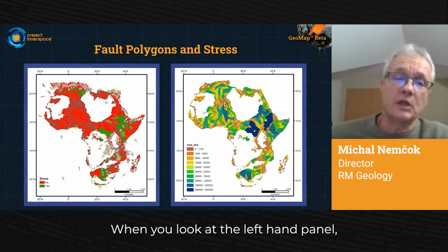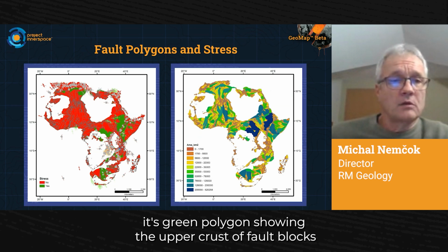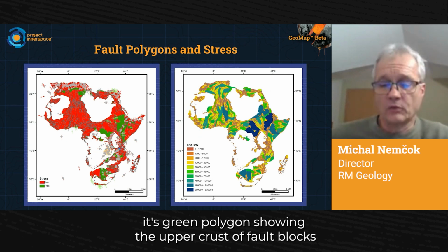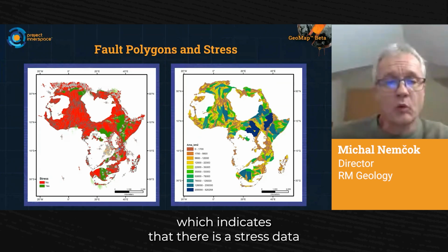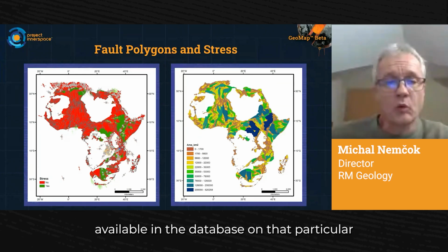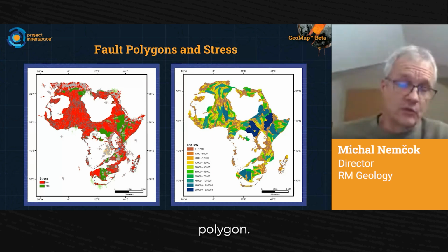When you look at the left-hand panel, it's green polygons showing upper crustal fault blocks, which indicate that there is a stress datum available in the database for that particular polygon.